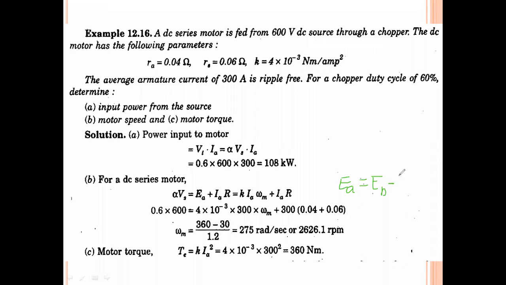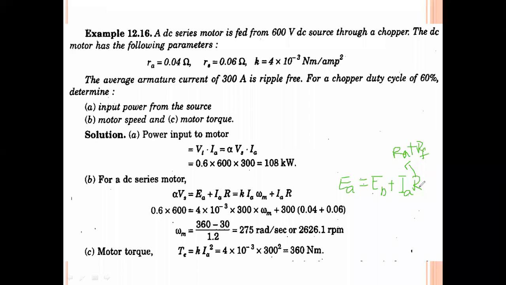I'm writing R because this is a series motor. In a series motor, resistance R is RA plus field resistance RF. Both are connected in series, right? So RA plus RF gives the total resistance.